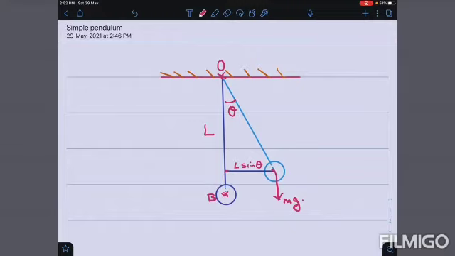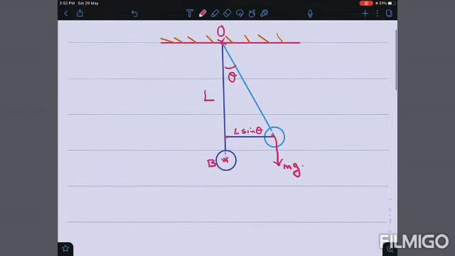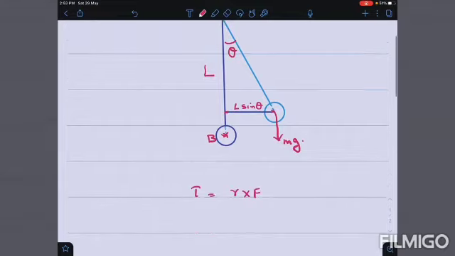Now, as I told you earlier, we have to calculate the torque. Torque is nothing but the angular force acting on this simple pendulum to get it back to its equilibrium position. So we know that torque is equal to r cross F. Here r is nothing but L sine theta times, it is perpendicular, so sine 90 will be 1, times mg.